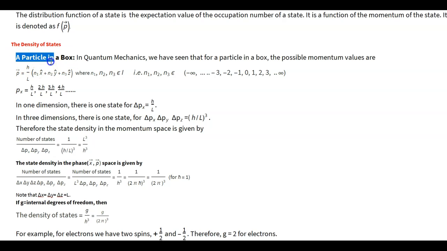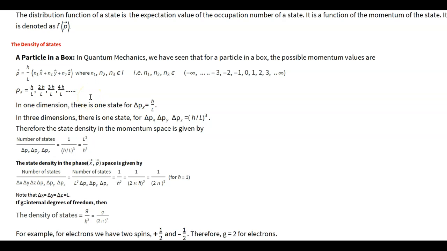Next, let us review from quantum mechanics a particle in a box, the famous scenario. If we have a particle in a box, then the possible values for its momentum are this. This is a famous expression from quantum physics, where n1, n2 and n3 are integers, and this is a three-dimensional scenario. That is why we have n1, n2 and n3.